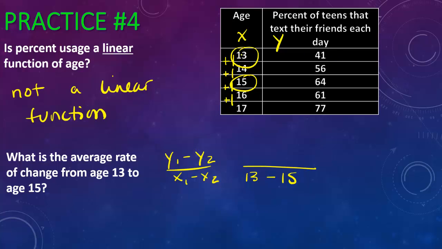And since I did that first and that second, that means that this has to be first and this has to be second. Doesn't matter. You could do it either way. So 13 minus 15, and this is 41 minus 64. 41 minus 64 is negative 23. 13 minus 15 is negative 2. So then you would divide that and get a positive number, and that would be 11.5. And that would be the average rate of change.